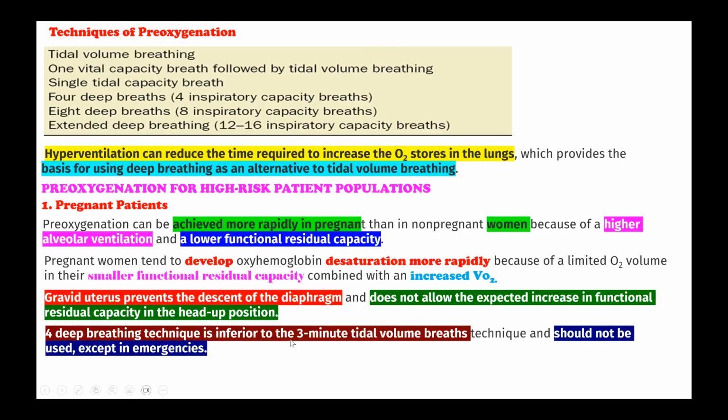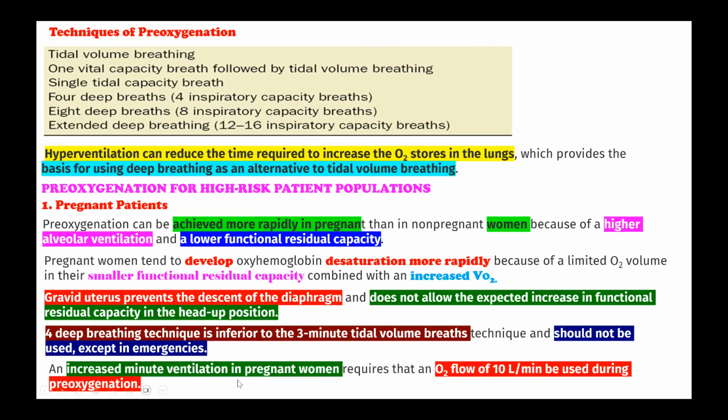Unless it is an emergency LSCS where you are giving GA, if you have time, it is always preferable to go for 3-minute normal breathing preoxygenation rather than the 4 deep breaths technique, which was introduced mainly in cases of category 1 cesarean, where there is a threat to the mother as well as the fetal life.